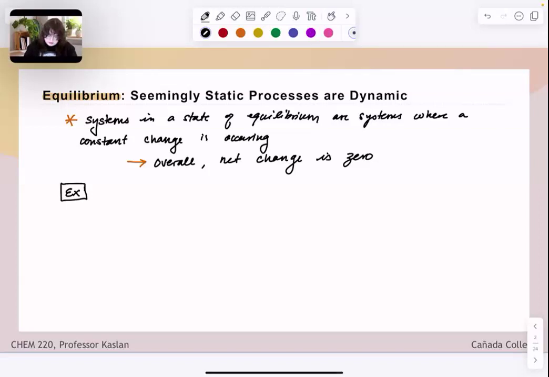So we have seen some examples of states in equilibrium or systems in equilibrium in Chem 220 so far. So for example, we've looked at phase equilibria. So we've looked at vapor pressure in our conversation about vapor pressure lowering.